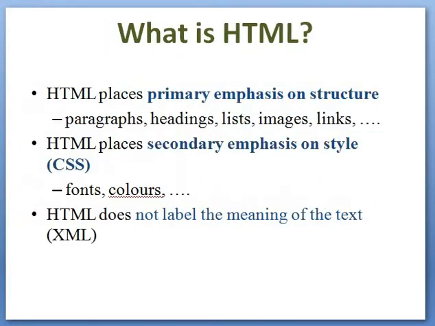HTML gives primary importance to the structure, that is, it includes paragraphs, headings, lists, images, links, etc. It gives secondary emphasis to the style or appearance like fonts, colors, style, etc. HTML does not worry about the text placed in the web page. That is, HTML does not label the meaning of the text.